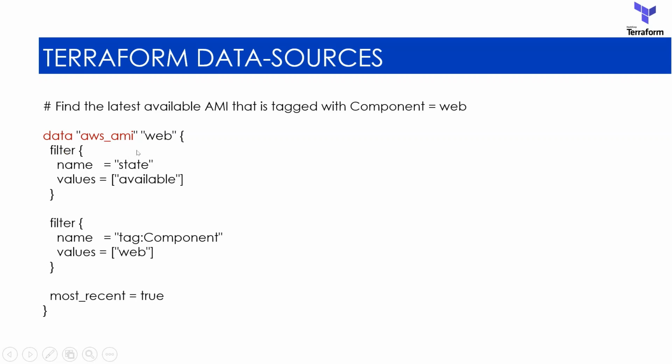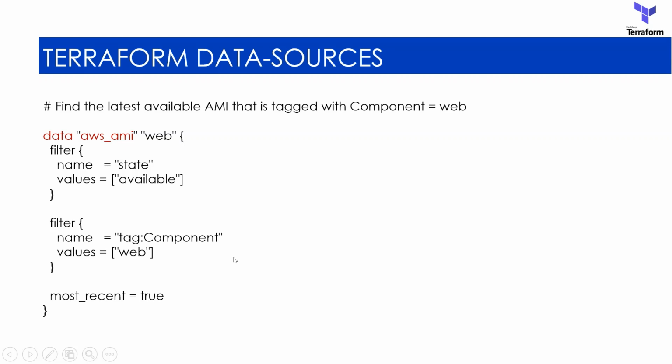So inside the AMI there is a state attribute, and that state value must be available, then only it will filter. Second, we have another filter with the tag component, and the name is babe, then only it will pull it. And what is most_recent? If there is more than one with component equal to babe and state available, it will pull whichever was created latest.